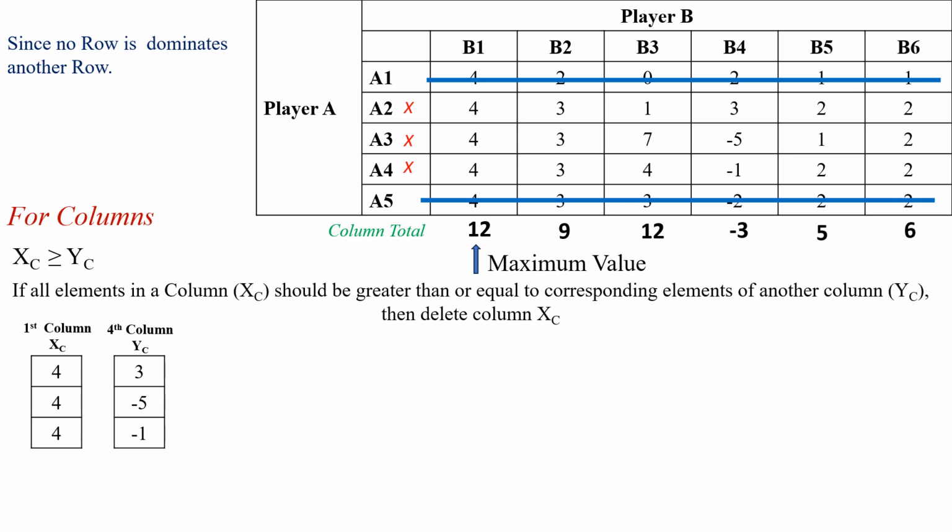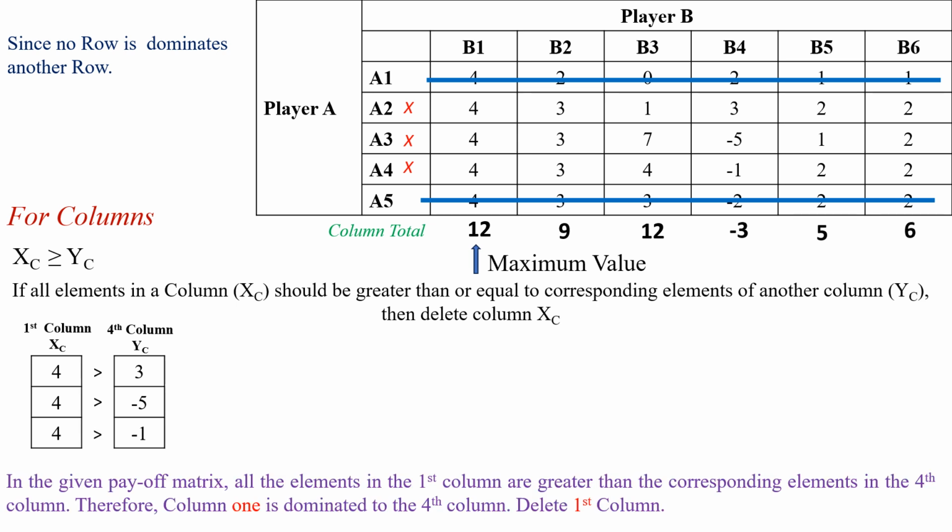So 4 is greater than the 3, and 4 is greater than the minus 5, and 4 is greater than the minus 1. So in the given payoff matrix, all the elements in the first column are greater than the corresponding elements in the fourth column. Therefore, column 1 is dominated by the fourth column. Then I have to delete the first column.